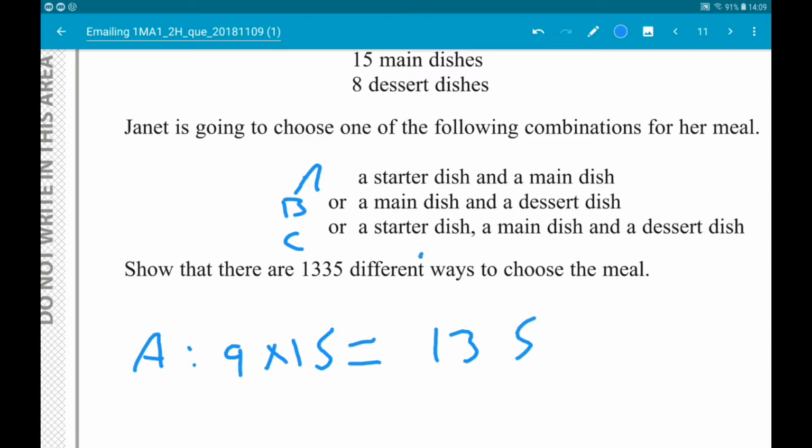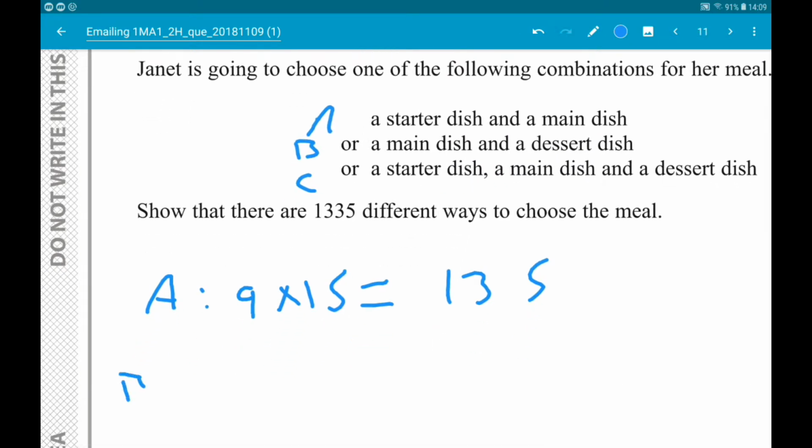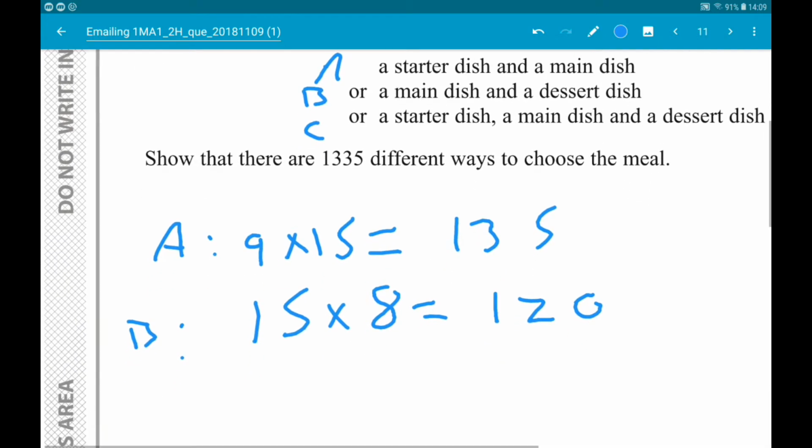Okay, then for option B, so here we want a main and a dessert, so that's going to be 15 times 8. So that's 120. And then for C, so one of each, we multiply all the numbers together.